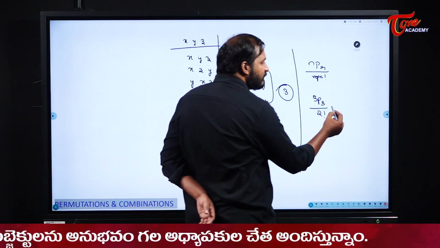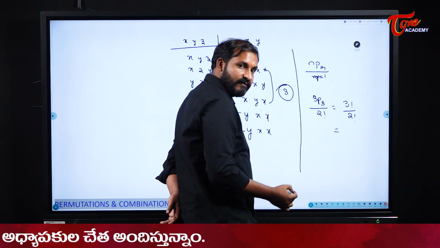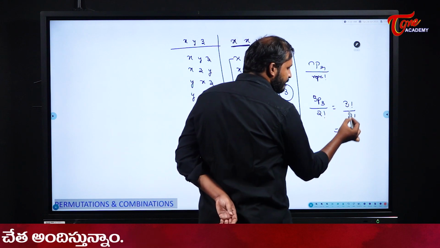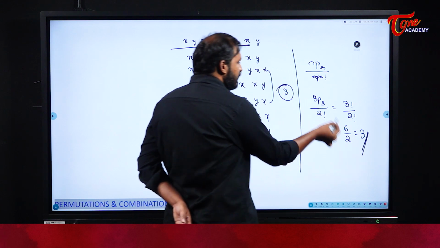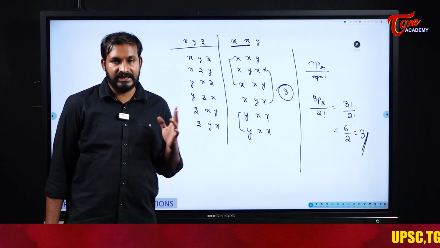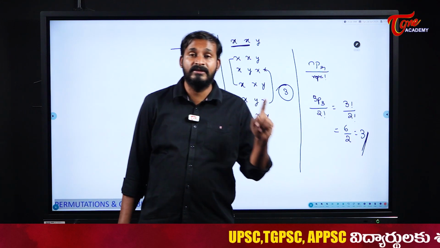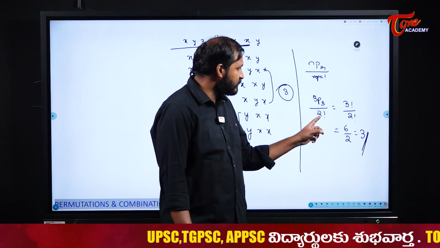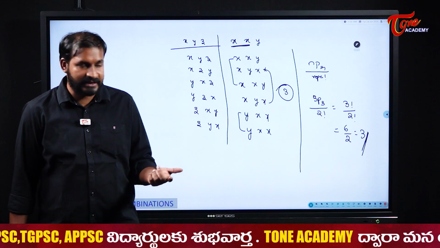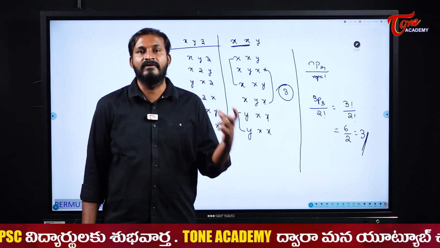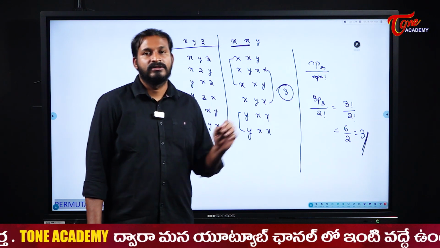So my answer will become 3 factorial by 2 factorial, which is 6 by 2, so 3. The same answer. So whenever a letter is repeated, immediately you will get the denominator. Keep this thing in your mind, because we are going to see this multiple times. Whenever a letter is repeated, immediately we will have a denominator, and then we need to solve it.